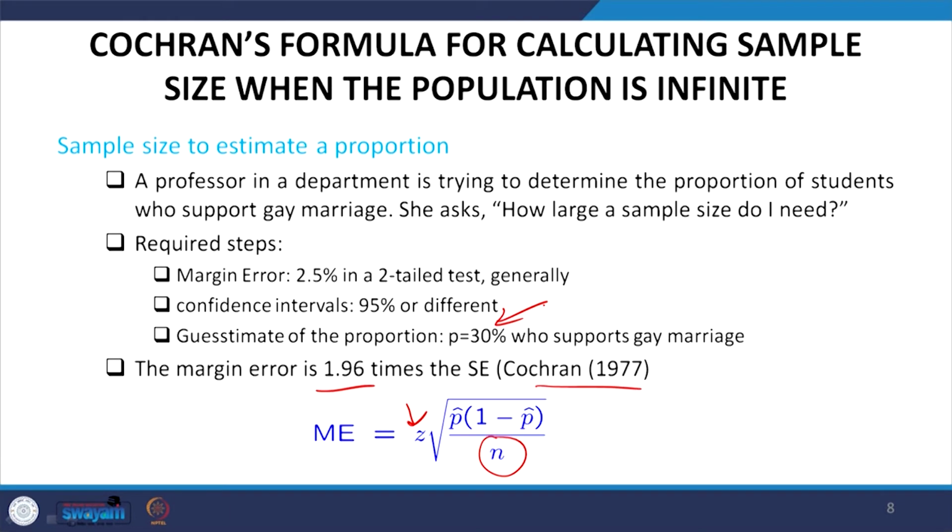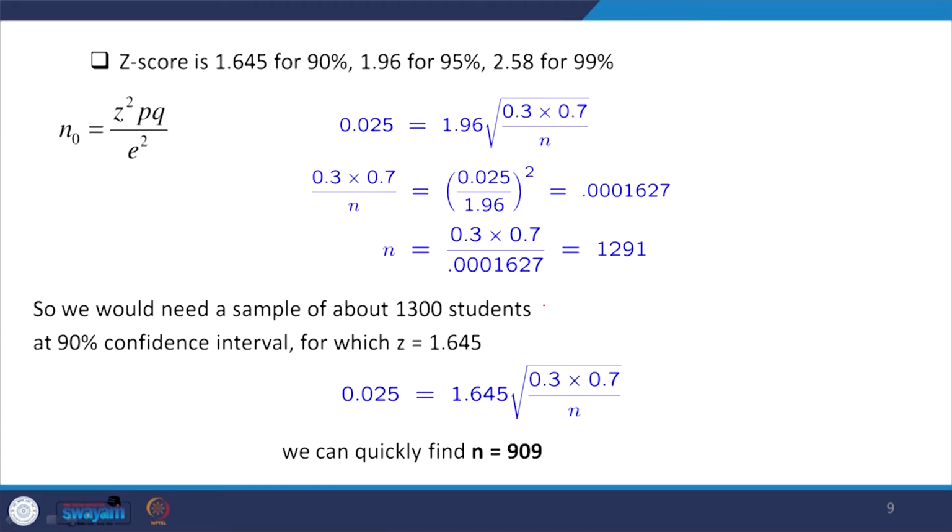So, basically two pieces of information are required, one is the sample proportion and we require the confidence level. If two pieces of information are there, we can estimate another one, the margin of error. If three pieces of information are there, we can derive the sample size.